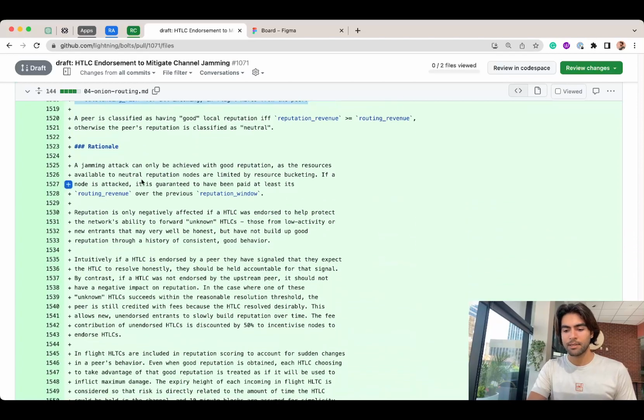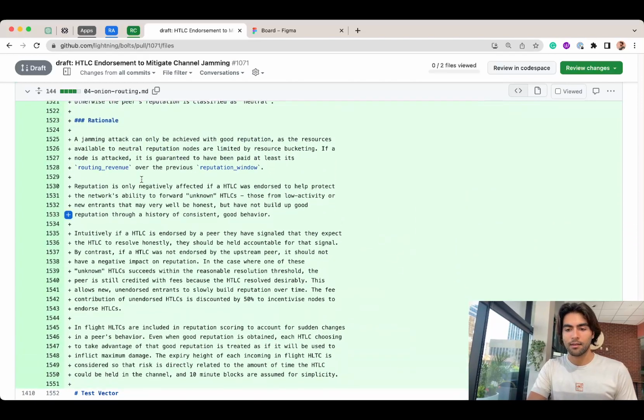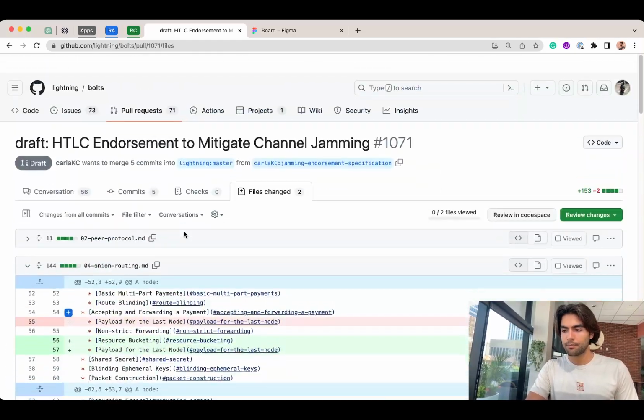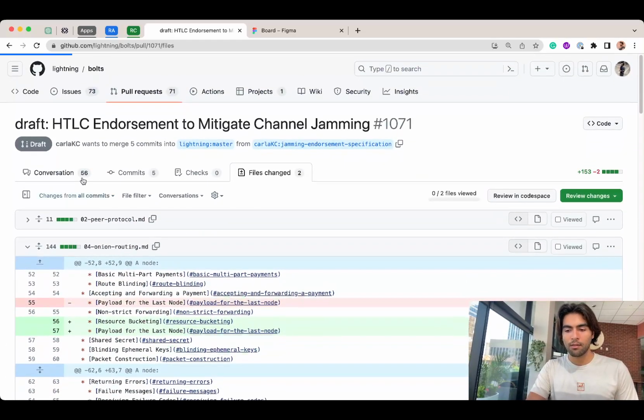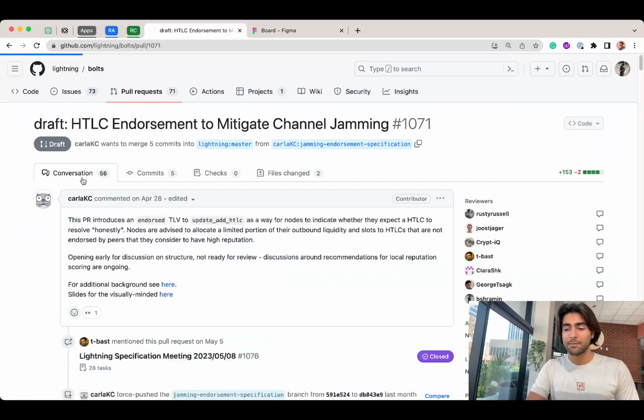And the rationale is that we want to prevent jamming attacks, and we want to let the payments that are trusted by the network go through. We want to have more availability for them. So yeah, this is the whole proposal, and there have been a lot of discussions.